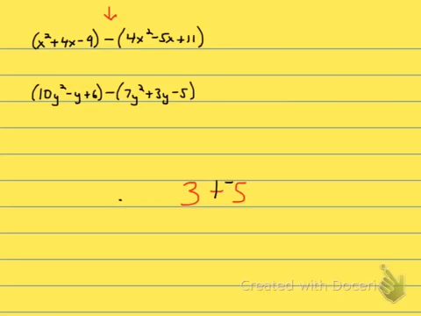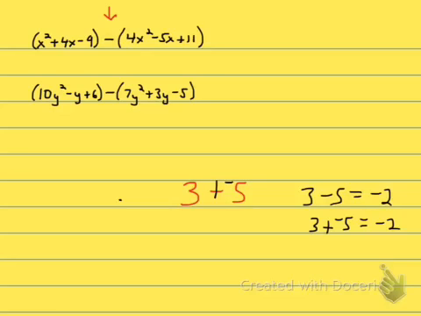You'd get the same thing, right? Well, check me. 3 minus 5 is negative 2. 3 plus negative 5 is also negative 2. So any subtraction can be changed to an addition if you change the sign behind it.